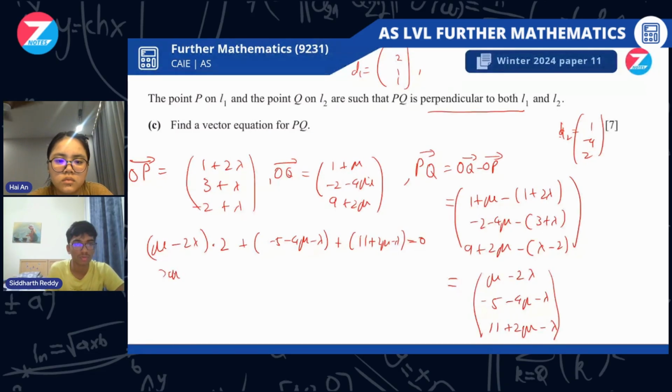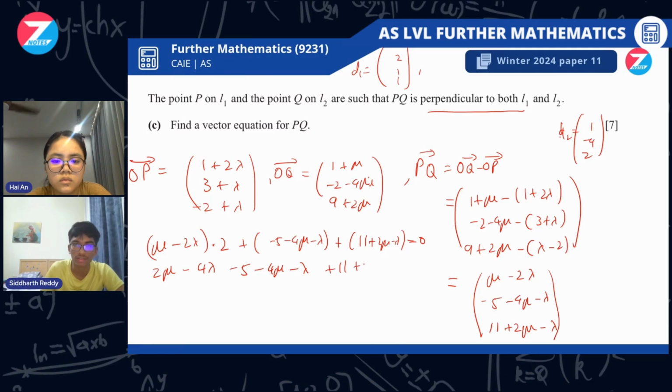So, let me write it a little neatly: 2 mu minus 4 lambda, minus 5 minus 4 mu minus lambda, plus 11 plus 2 mu minus lambda is equal to 0. So 2 mu plus 2 mu minus 4 mu cancel.